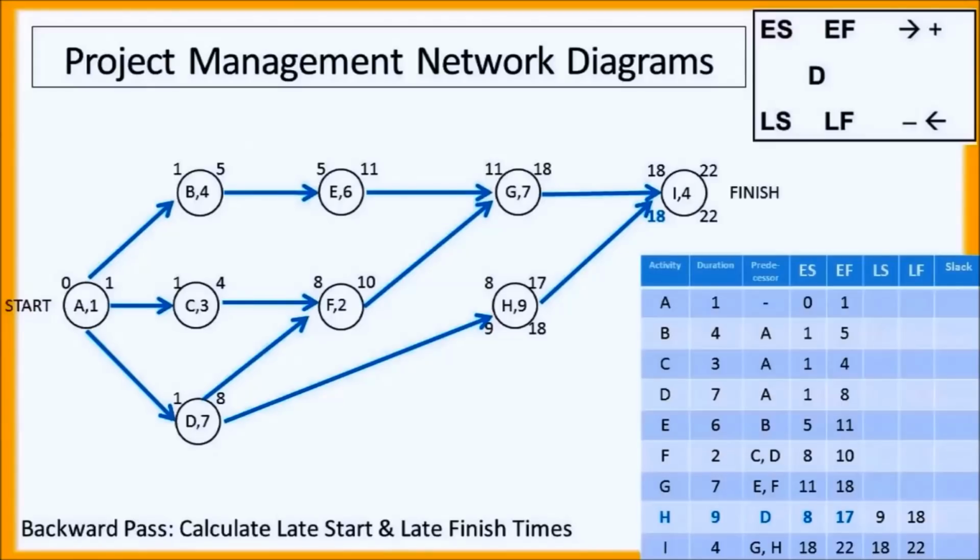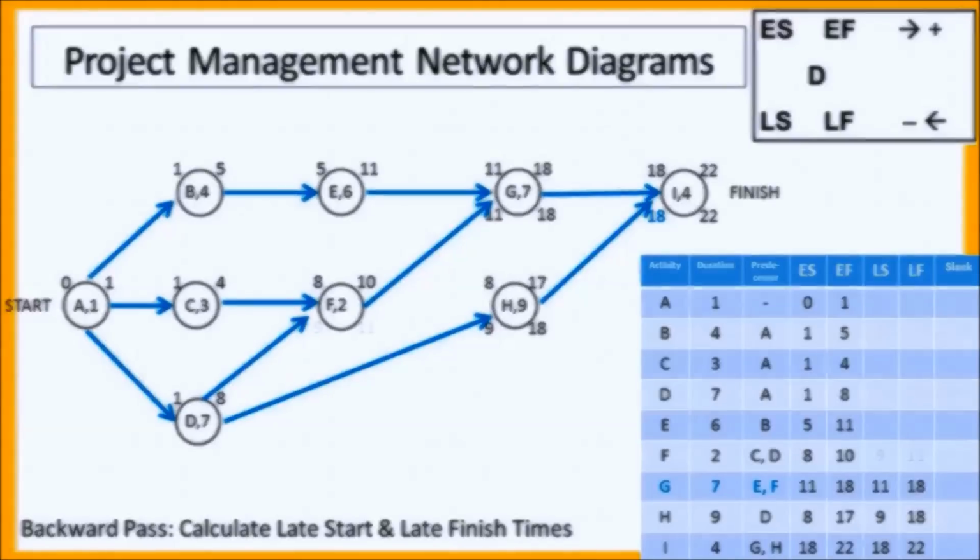Same calculation for task G. The latest that task G can finish is at the late start time of task I. So we take the 18 from task I, that becomes the late finish for task G. 18 minus 7 is 11, so 11 is the latest we can start task G.